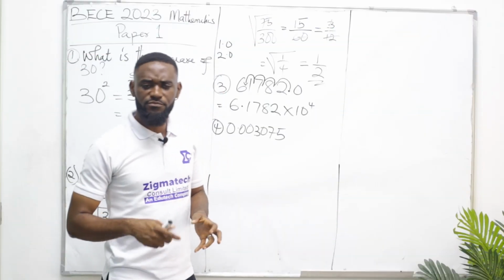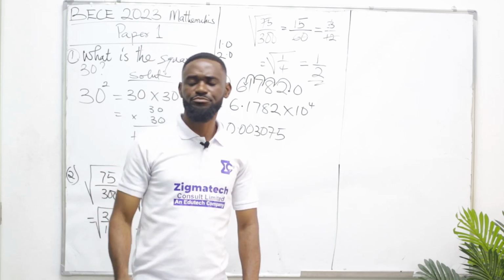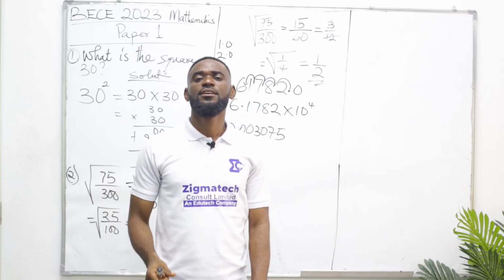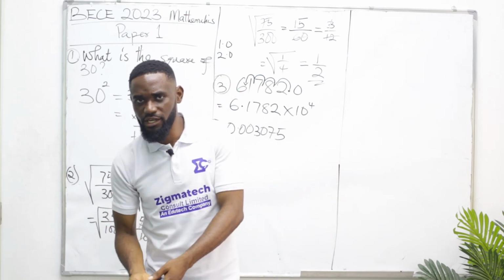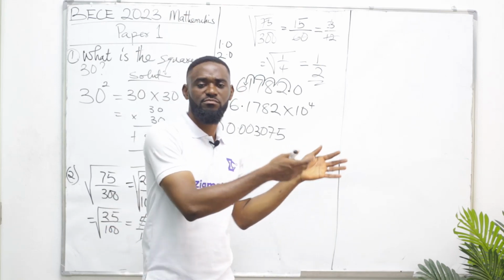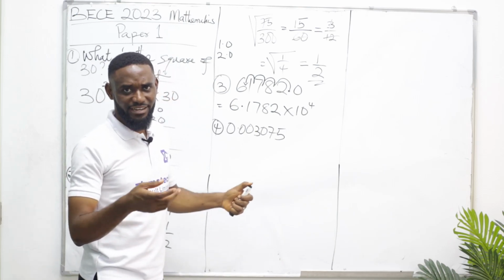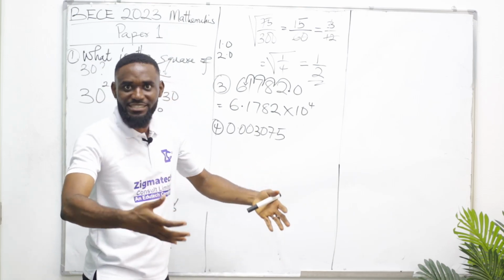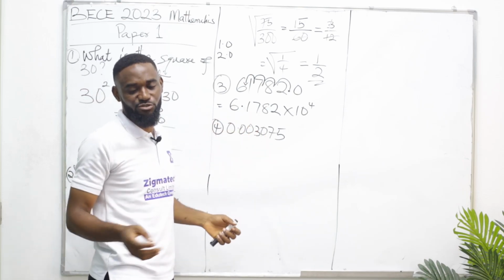All right. If you have been following this channel, if you have been following our classes here, we have learned estimation and approximation, and we have talked about what a significant figure is. A significant figure is a number that has a value, a role it is playing in a set of numbers. Do you understand me?